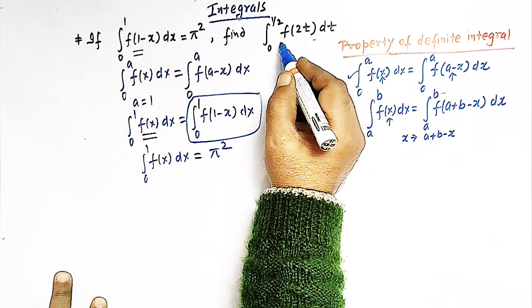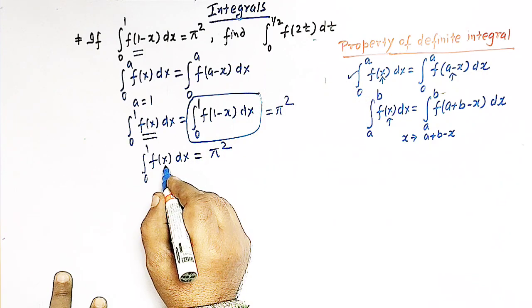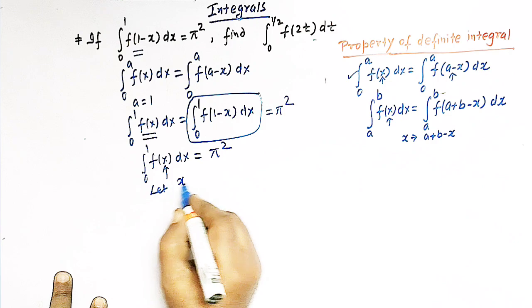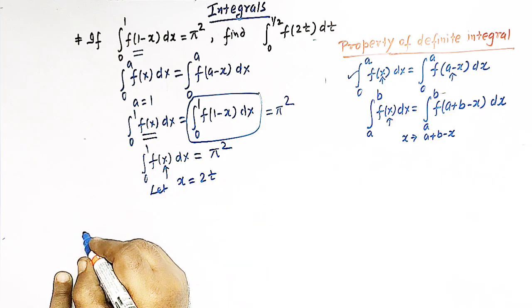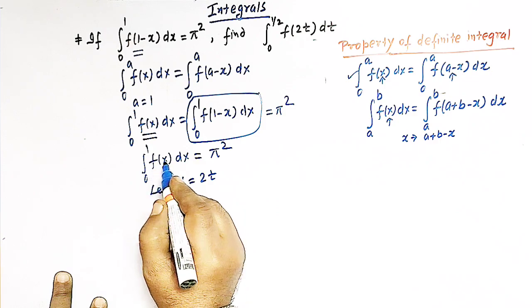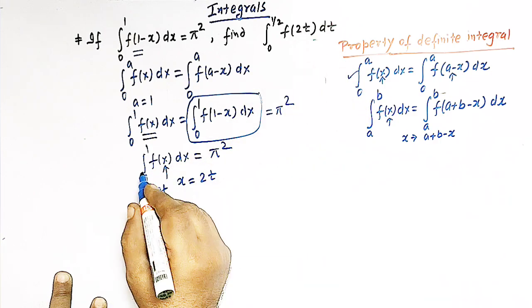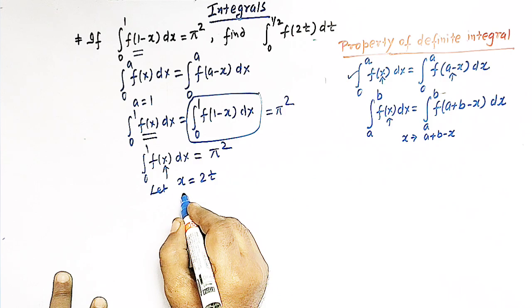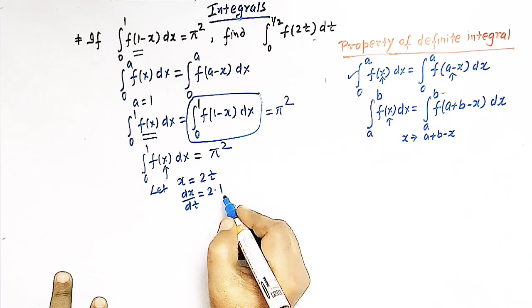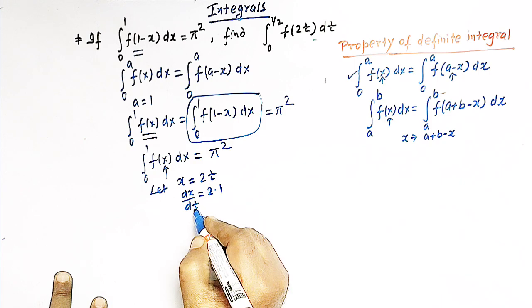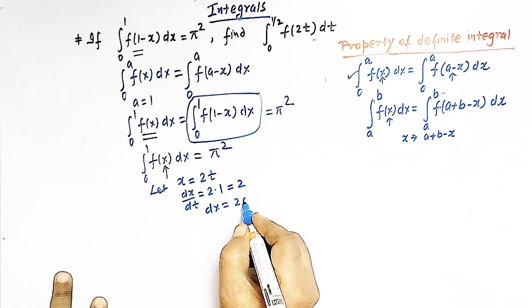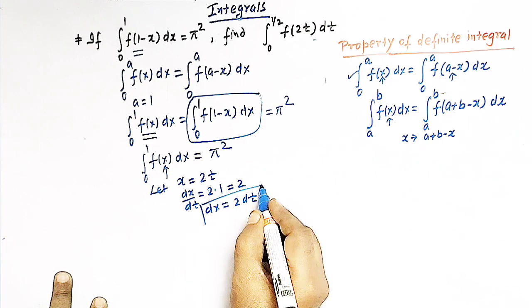Now to get the value of the required integral, let us make the substitution x equal to 2t, right? So when we take x equal to 2t, here we'll get f of 2t. Now when x is equal to 2t, then dx over dt is equal to 2 times 1, because the derivative of t with respect to t is 1. So dx is equal to 2 times dt, right?